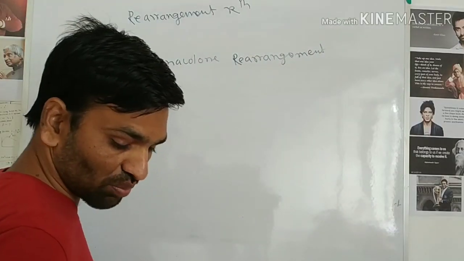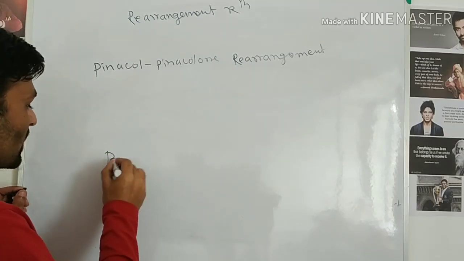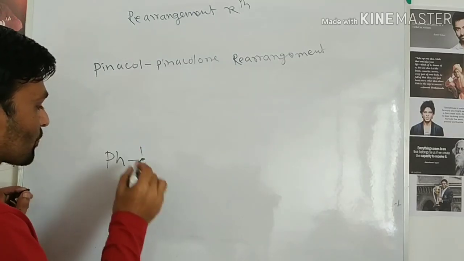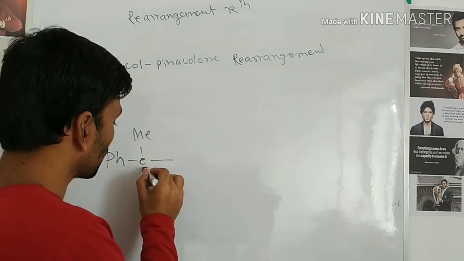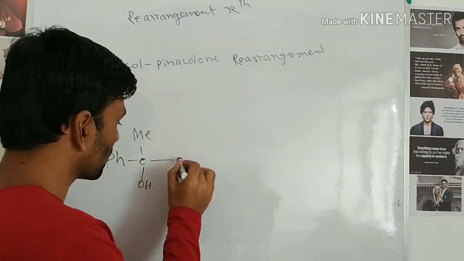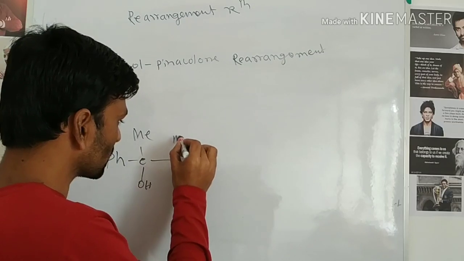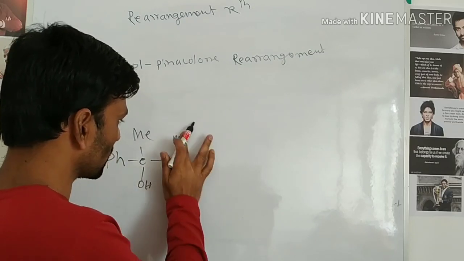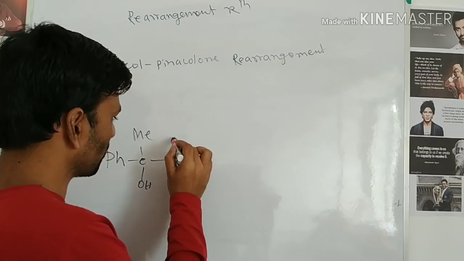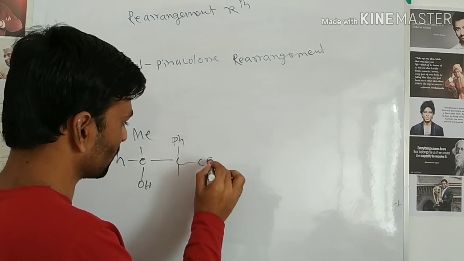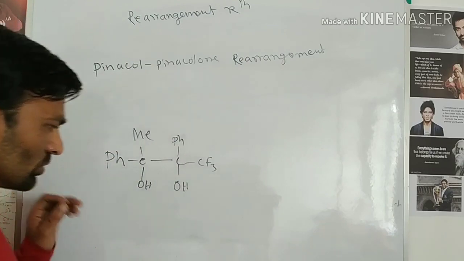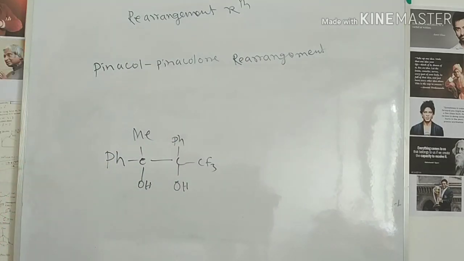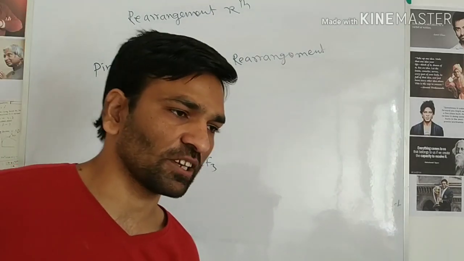Now the other example is Ph, C, Me, OH and Ph, CF3, OH. Which hydroxy group is first protonated?